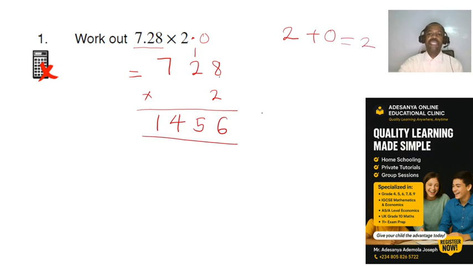The implication is that now that we have our final answer, you are going to count 2 digits backward to determine where to put our decimal point. If I count, this is 1, this is 2, so I'm going to put my decimal point there. So invariably, the final answer is 14.56. That's how to solve that.